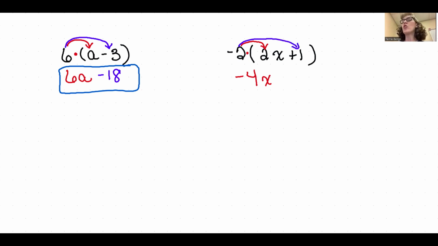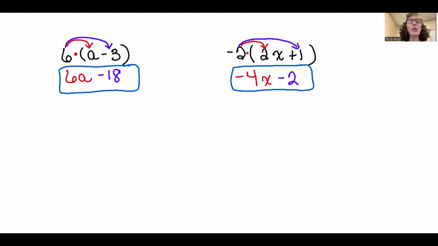Here again, we are not adding these terms. This is distributive property, it's multiplication, so we multiply -2 times 1, which is -2. Then we ask, can we combine any like terms? -4x minus 2, we cannot combine those. They are not like terms, so that is our answer.